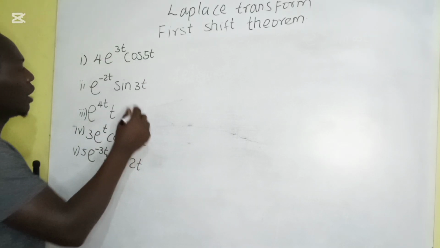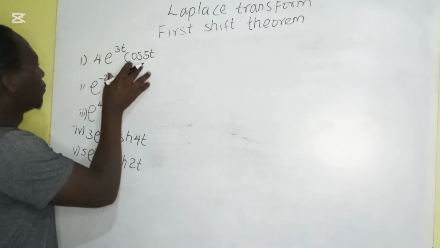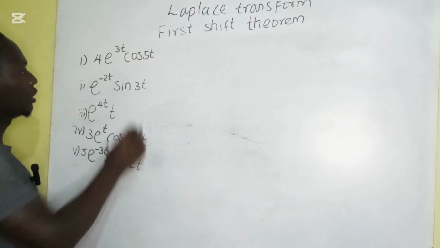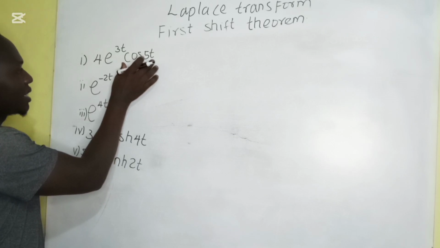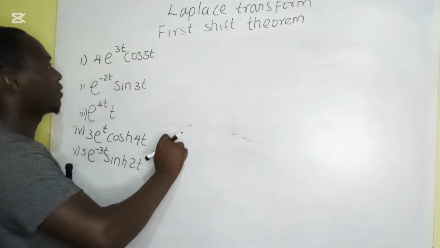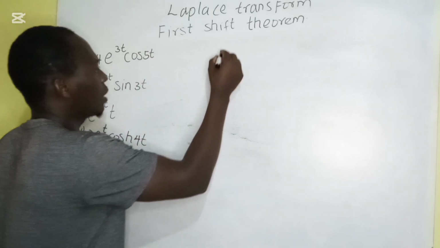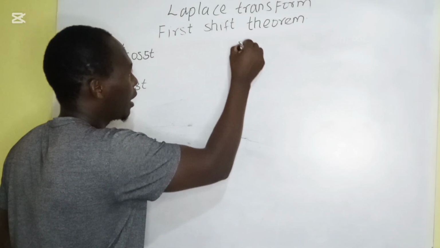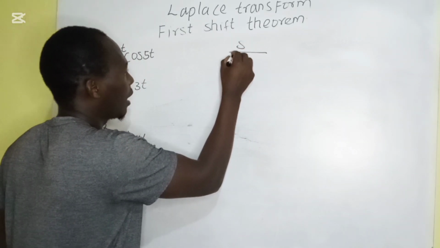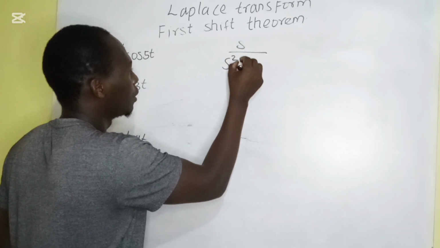In this example, we've been told to find the Laplace transform of 4 exponential 3t cos 5t. The first thing that we need to do is get the Laplace transform of cos 5t. By finding the Laplace transform of cos 5t directly, we are going to have s all over s squared.